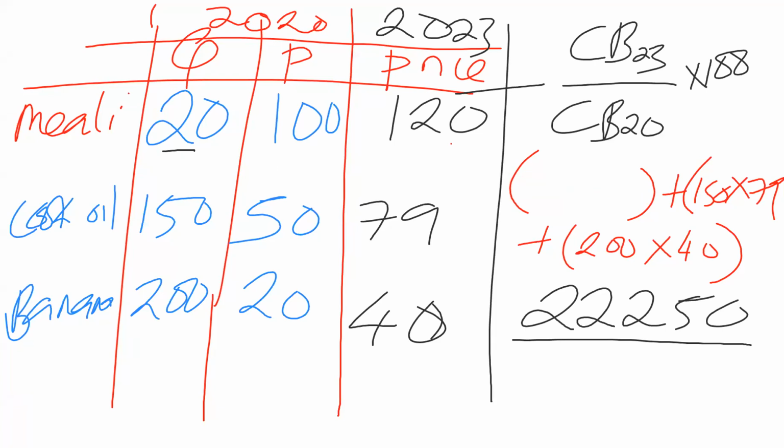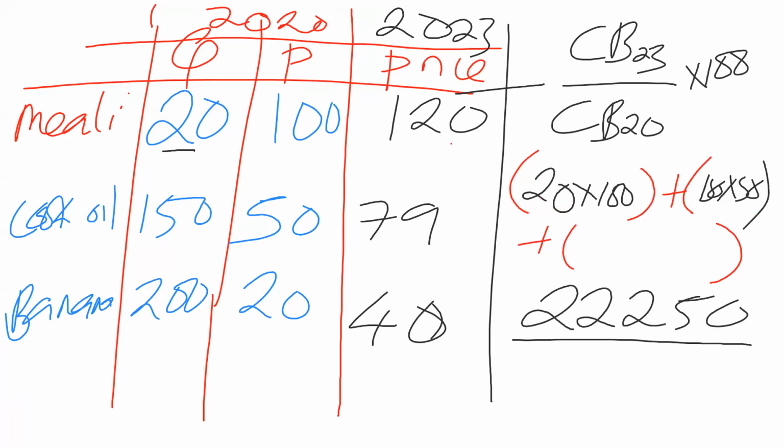So what do you find? Let's start. The quantity 20 times the price 100, the next one shall be 150 times 50, and the next one 200 times 20. Are you able to follow?